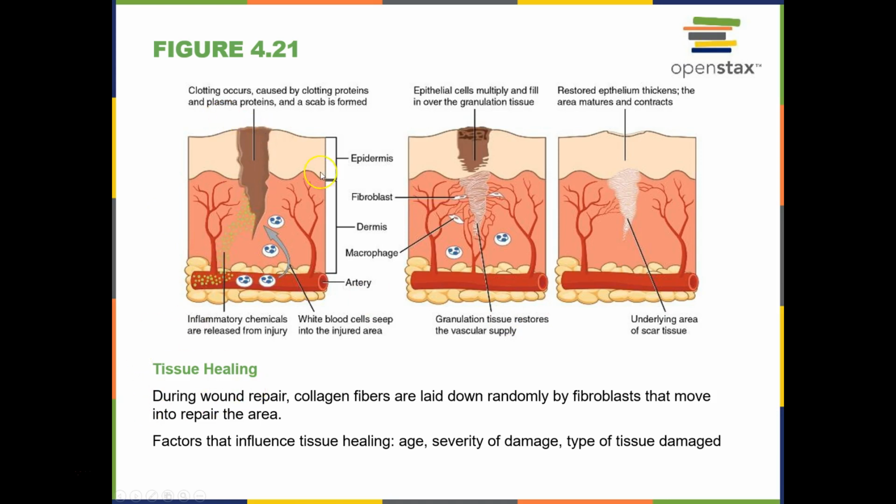And so here is your figure from your textbook talking about tissue repair or healing. The initial damage that occurs is going to immediately send signals to your blood vessels, to the blood cells in the blood vessels, and you're going to have an inflammatory response to this area. You're going to have a lot of white blood cells moving to this area to protect the environment.